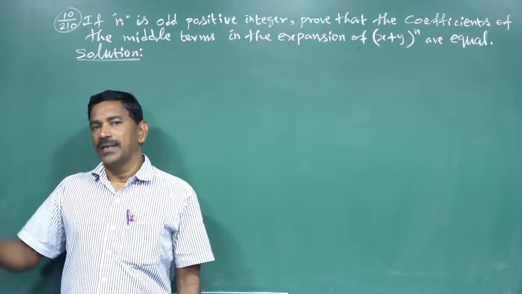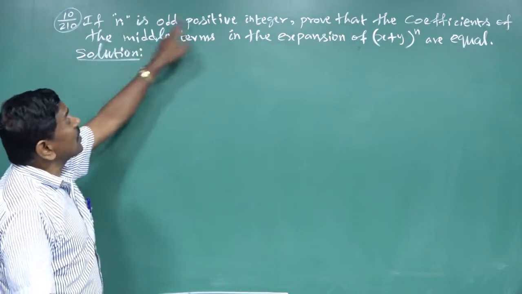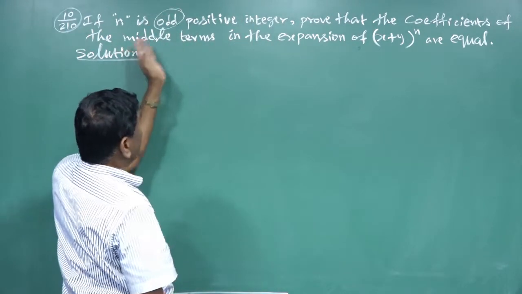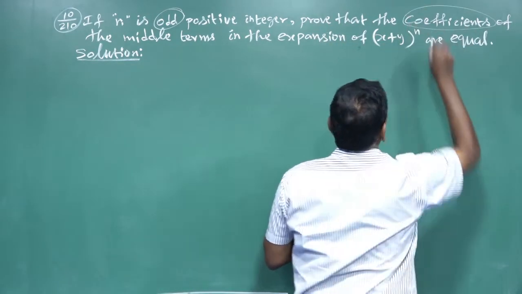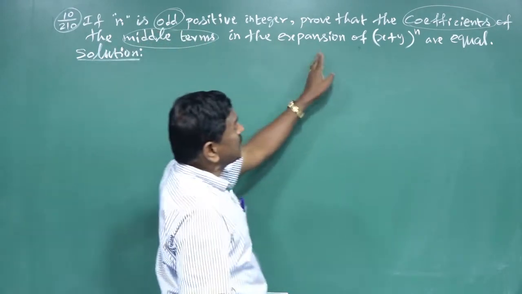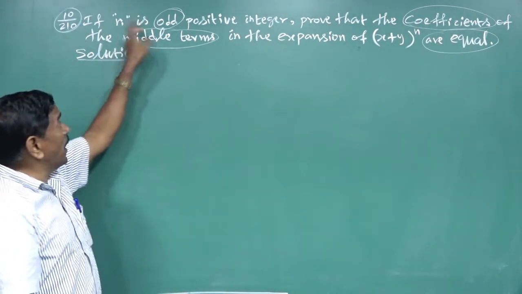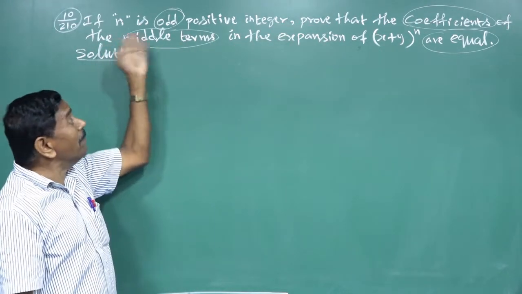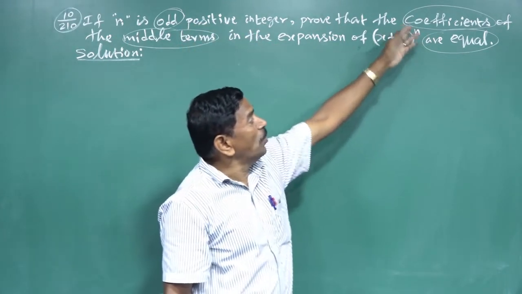Children, listen. Now the 10th question from exercise 5.1. The question is: if n is an odd positive integer, prove that the coefficients of the middle terms in the expansion of (x + y)^n are equal.